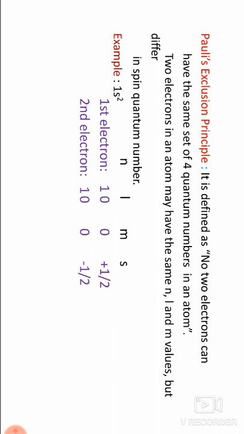The number of orbitals present 1, maximum number of electrons filled 2; number of orbitals 3, electrons filled 6; number of orbitals 5, electrons filled 10; number of orbitals present 7, the number of electrons filled 14.